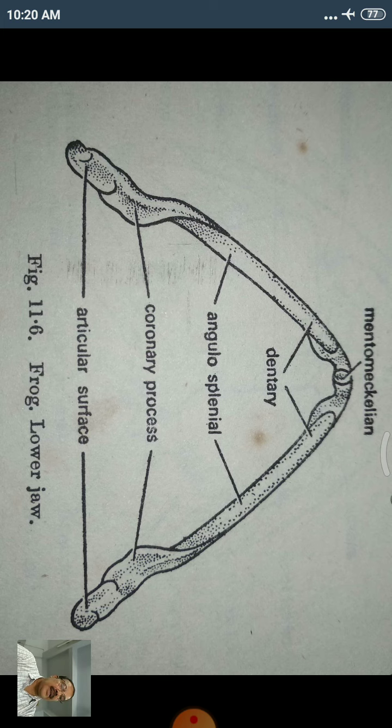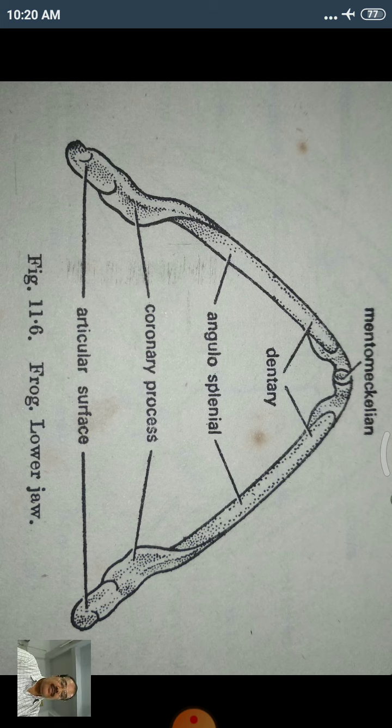The anterior end of the Meckel's cartilage ossifies into a mento-Meckelian bone. At the junction of pterygoid, quadratojugal, and squamosal is a quadrate cartilage from which the lower jaw is suspended.